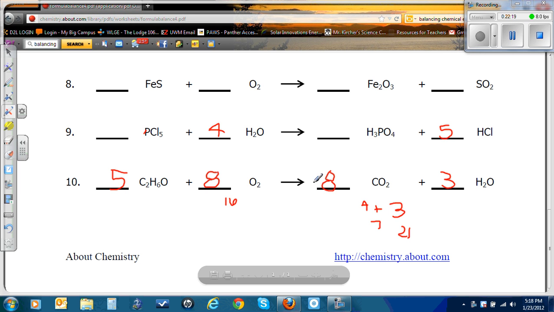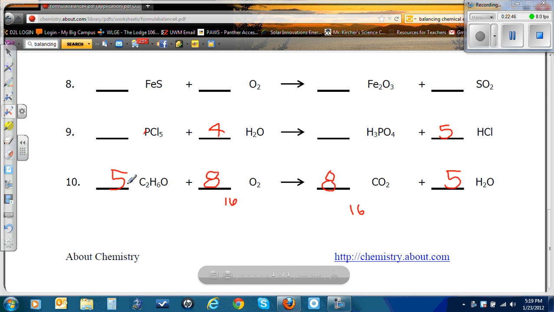That 8 gets us to 16 oxygen, and 3 oxygen is 19. We need to get to 21, so what if we change that to a 5? Okay, so now we have 21 oxygen.